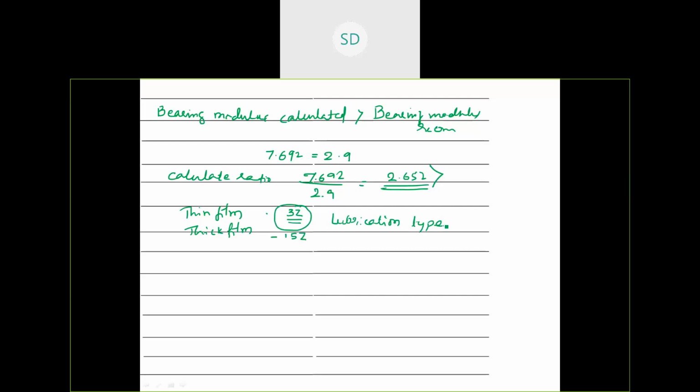To get thin film lubrication, the bearing modulus should be 3 times the minimum bearing modulus. To get thick film lubrication, the bearing modulus should be 15 times the minimum bearing modulus. Now, can you suggest what type of lubrication it is? Thick film, thin film.